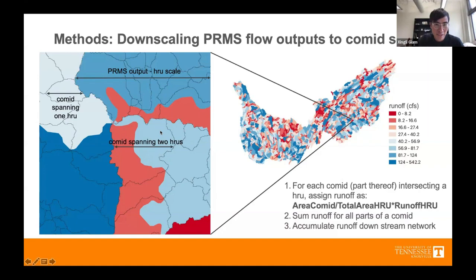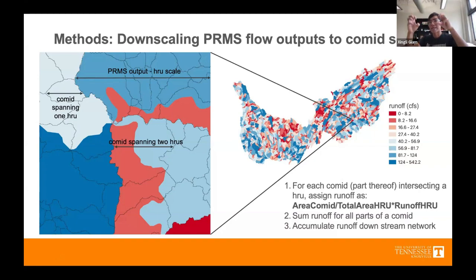So we had to intersect the catchment boundaries, the pixelated boundaries in gray, with the HRUs. By doing that, we could assign the runoff to each COMID-HRU intersection, and later aggregate back to the COMID level.